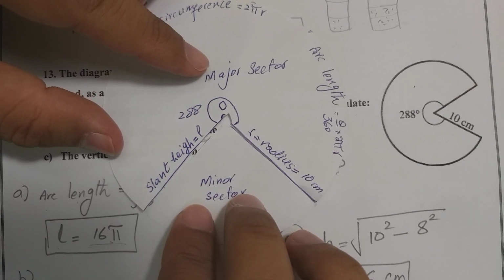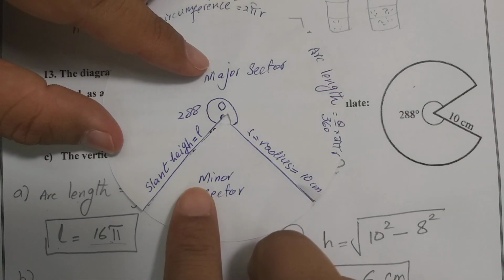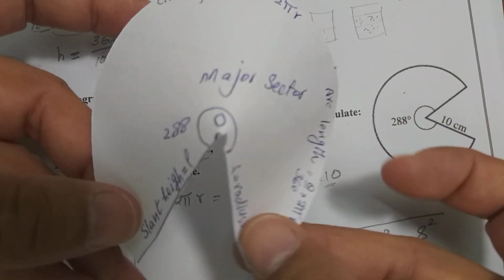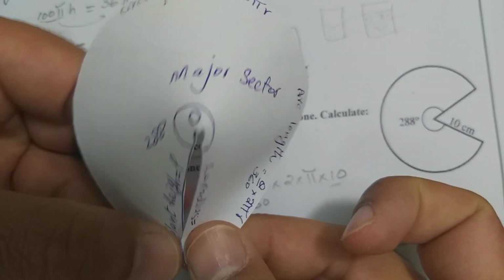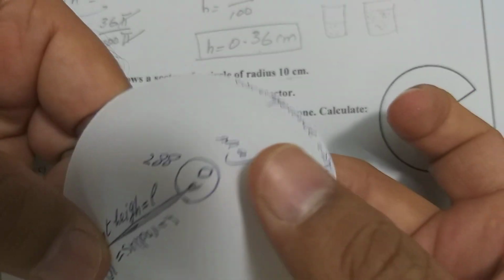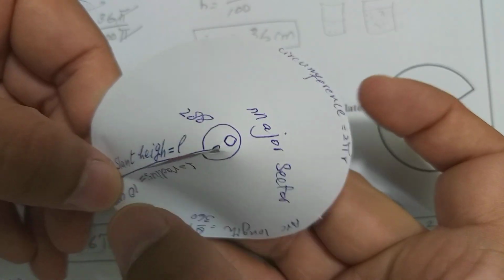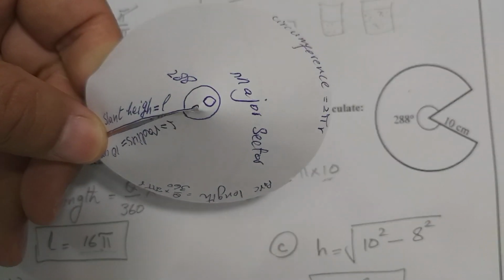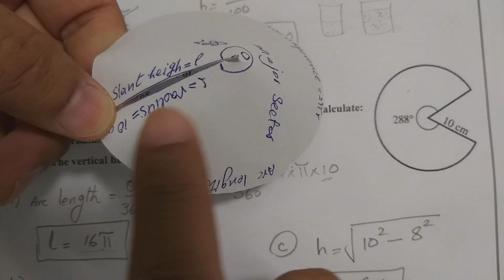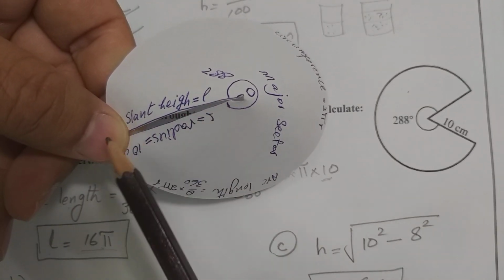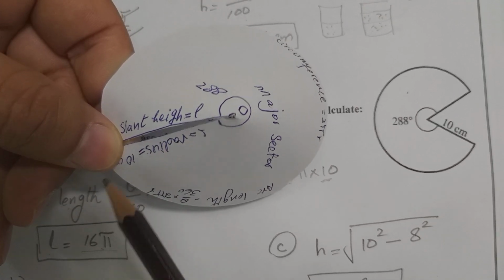If you complete it, it becomes the circle. Now it is a sector, so joining the two radii together, it becomes a cone. So this radius now becomes the slant height in the cone. It means the radius and the slant height are the same.